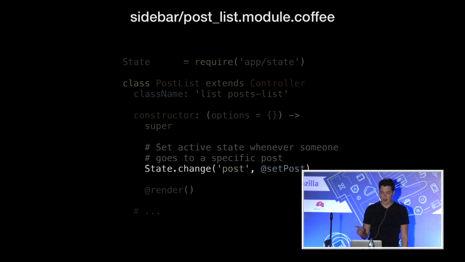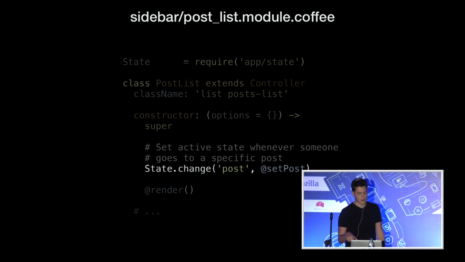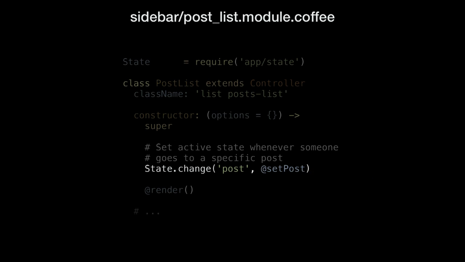Now, if you remember earlier, we had this global state with a post property. So if we actually listen to that, we can highlight whichever post is currently selected. So we're listening to the change post. Anyway, we can get rid of the little video at the bottom. It's kind of blocking the code. So we're listening to the post property on state, and we're calling the setPost function whenever it changes.